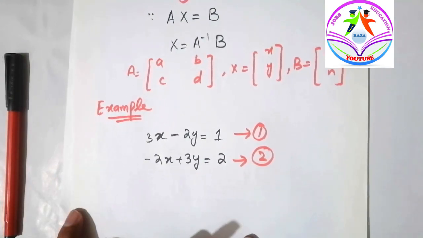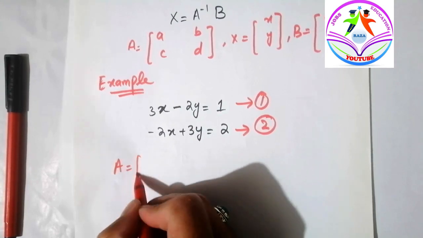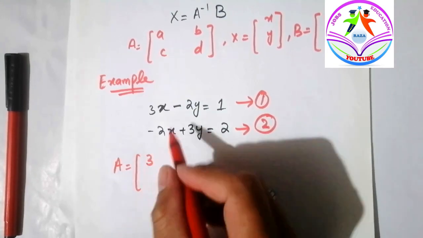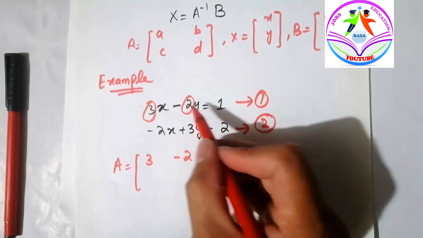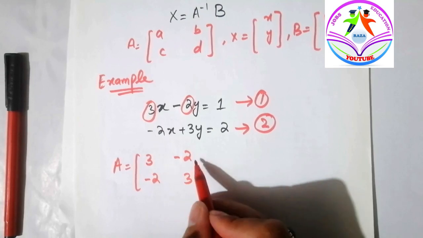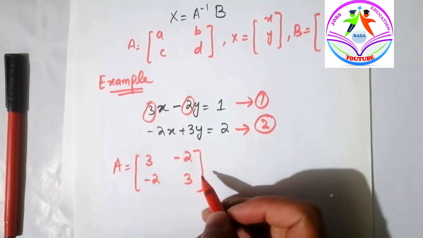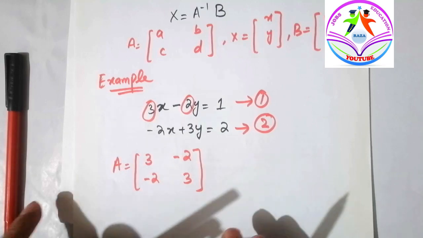Firstly, we write the matrix A is equal to [3, minus 2; minus 2, 3], using these values. This is our A matrix. And we can write the AX matrix.